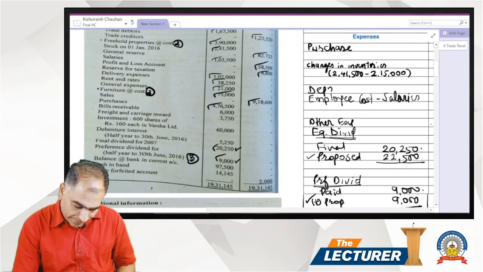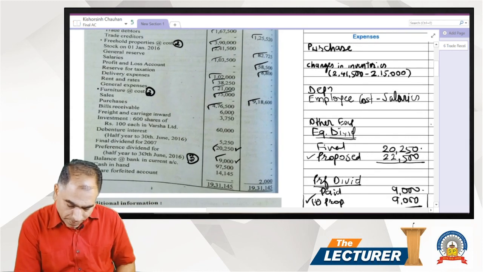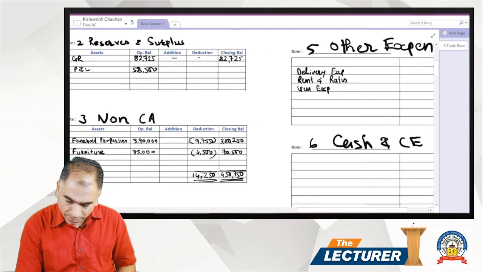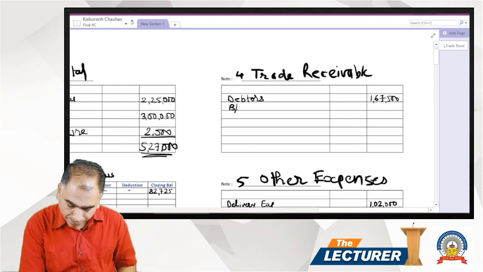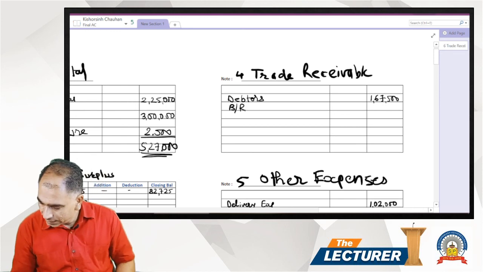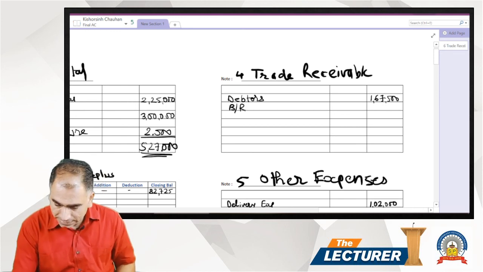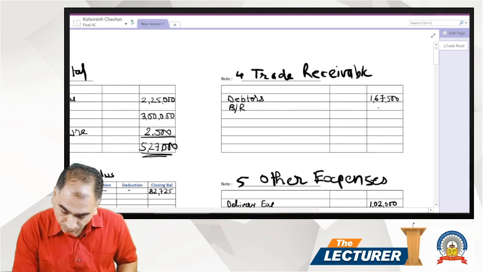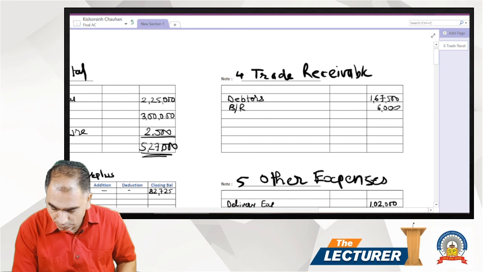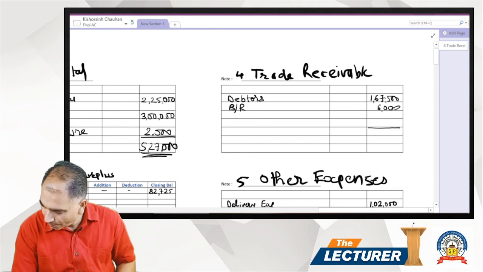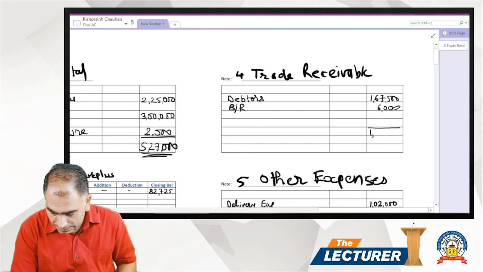Next item, bills receivable, part of trade receivable. So bills receivable along with the trade receivable. Bills receivable is 6,000. So total 173,500.